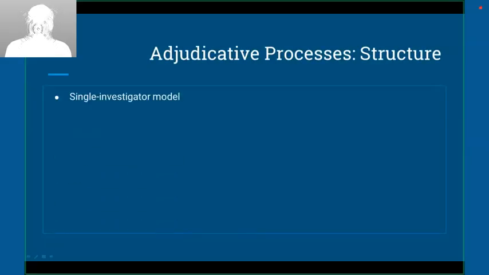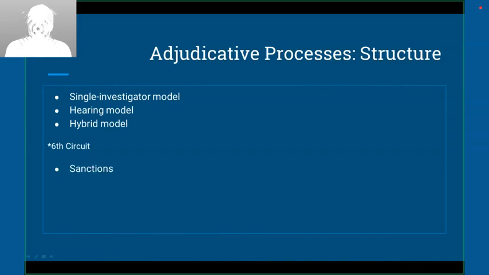We'll talk just a tiny bit more about adaptable resolution measures in just a second, but just to touch quickly on the variety of adjudicative processes and what that structure can look like. It's important for schools to consider what works best for them, again, keeping in mind the legal framework. So there's a single investigator model, there are a variety of hearing models, and then there's a hybrid where maybe there's an investigation that then results in a hearing.